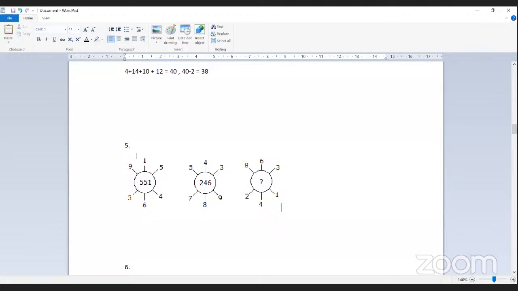So take these numbers as 915, meaning one number, then 364. 915 minus 364 will give you 551. Similarly, 789 minus 543 will give you 246.